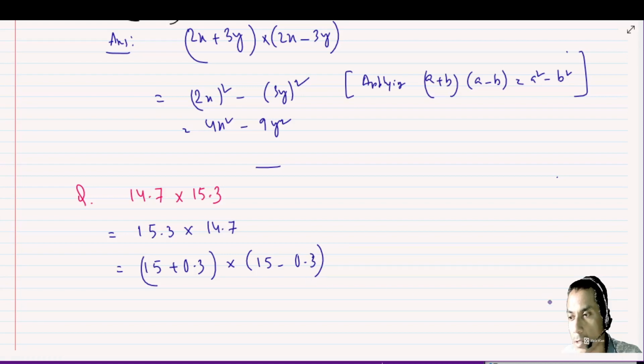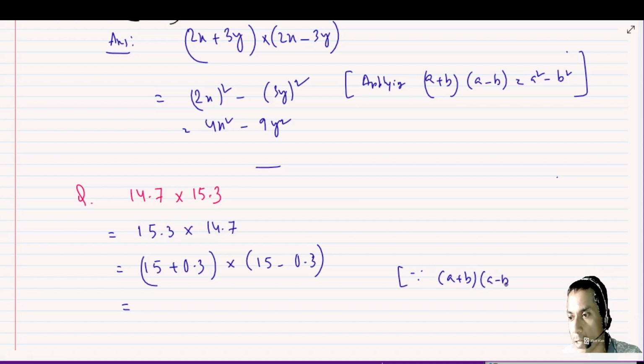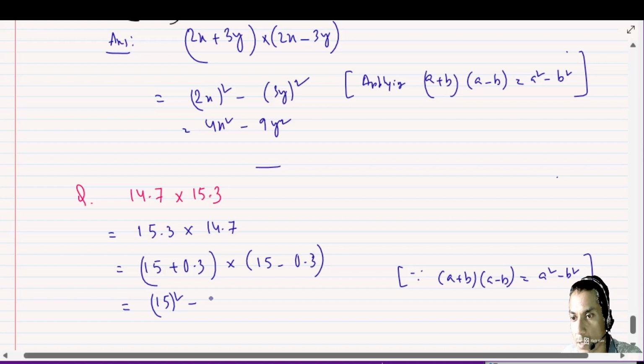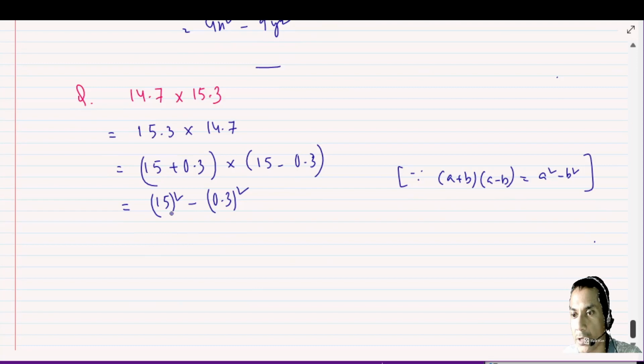If you practice a lot, then automatically you can identify which value you choose for this addition and subtraction to get (a plus b) into (a minus b). Since (a plus b) into (a minus b) is equal to a square minus b square, you can write down here 15 square minus 0.3 square. Clear? I uploaded a video on how easily we can find 15 square.